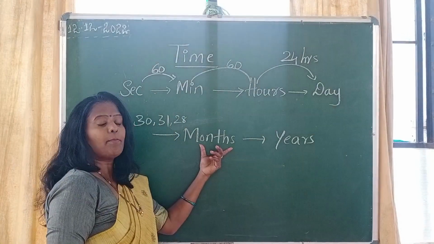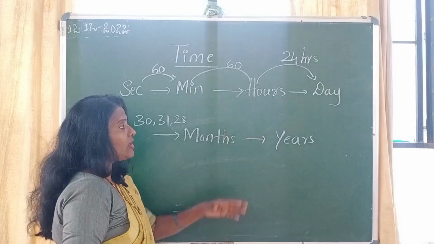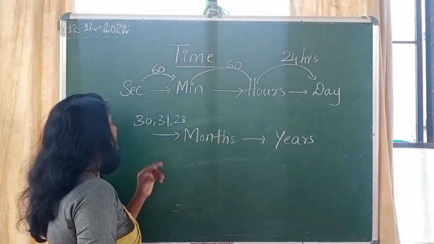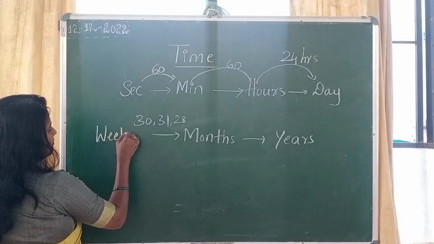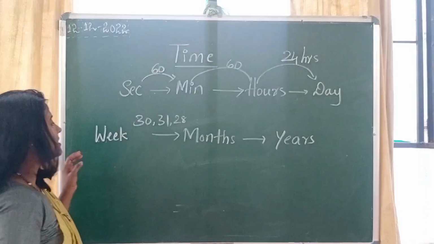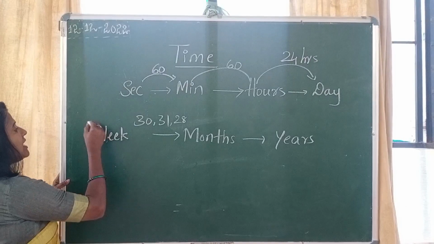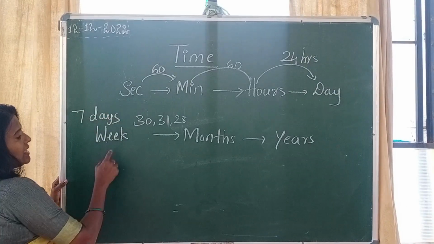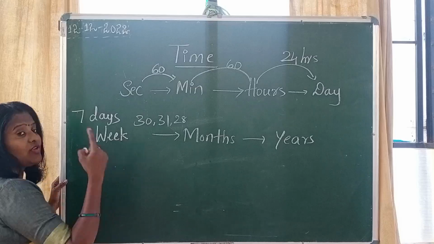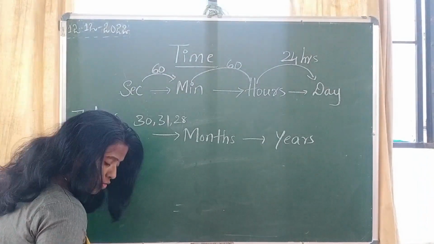Next, how many months make a year? In between day and month, week will come. How many days make a week? 7 days make a week. Then how many weeks make a month? 4 weeks.